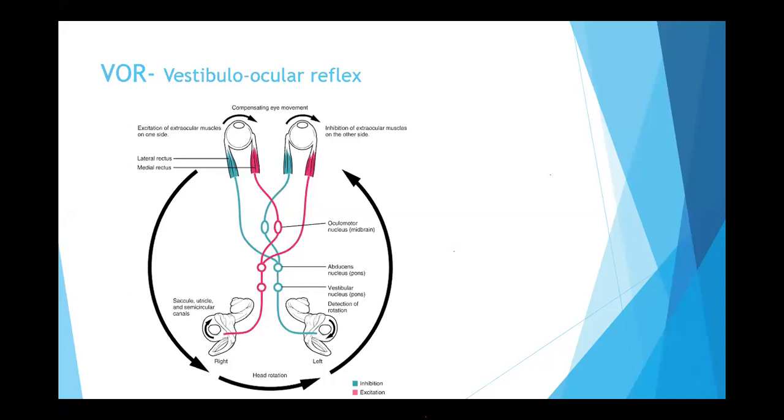Okay, if there is no voluntary fixation, then what happens? You will have your vestibulo-ocular reflex happening. So the eye is programmed in a way that when the head is moving towards the right side, to keep the object in the same location, the image fixed, the eye will move towards the opposite side. Okay, do you understand?